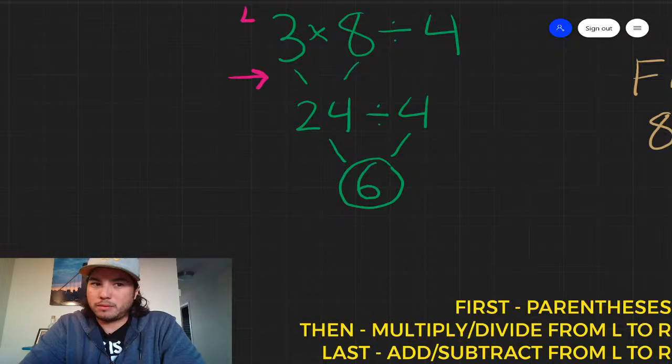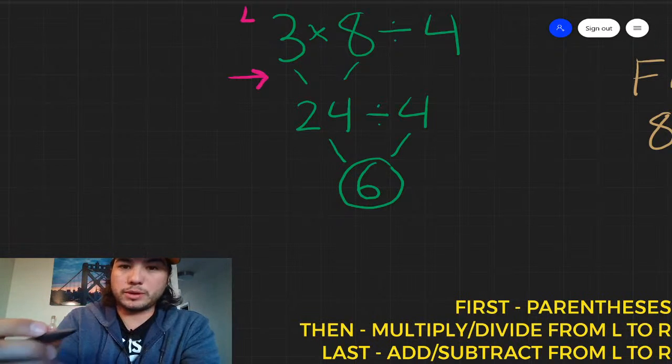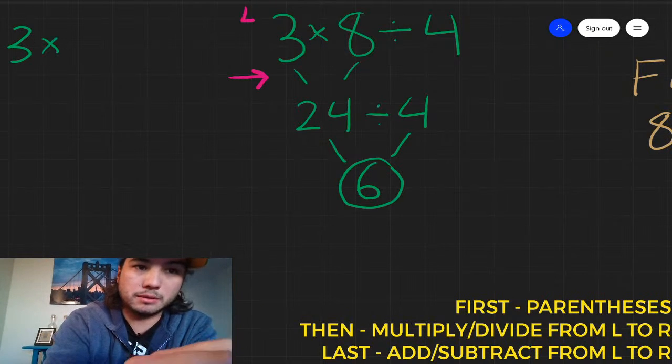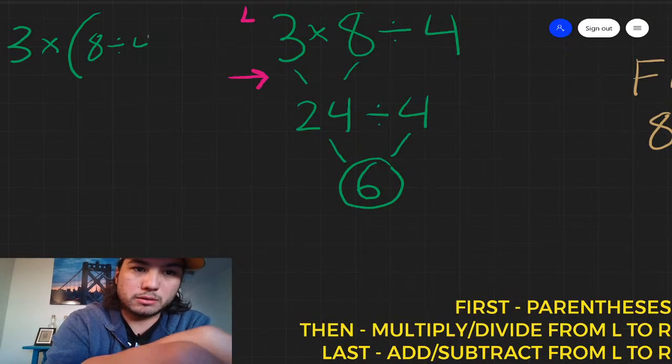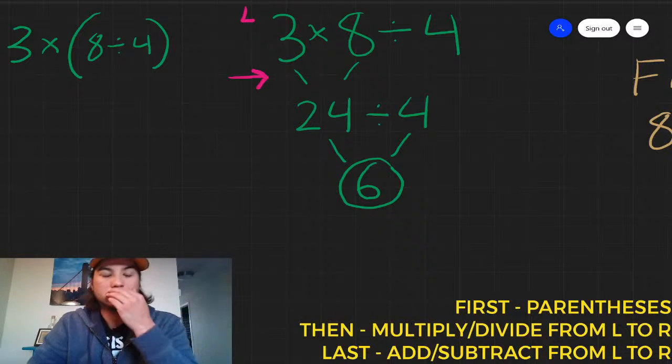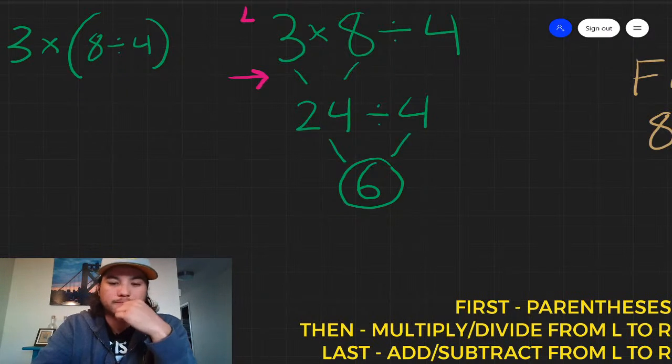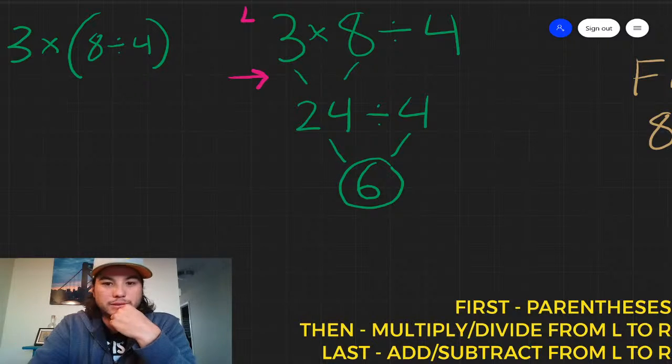Okay. Now, let's change some things with some parentheses. Rather than doing 3 times 8 divided by 4, let's do 3 times (8 divided by 4) and see what happens with a multiplication and a division. Does it change the answer?